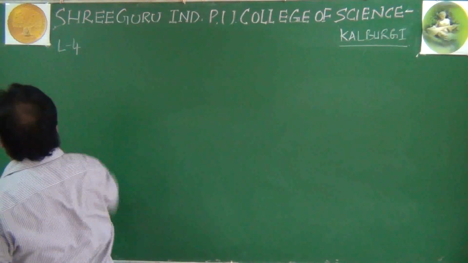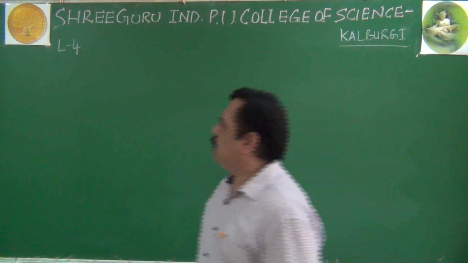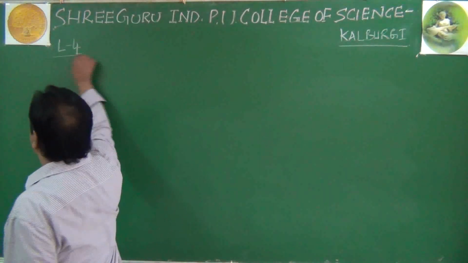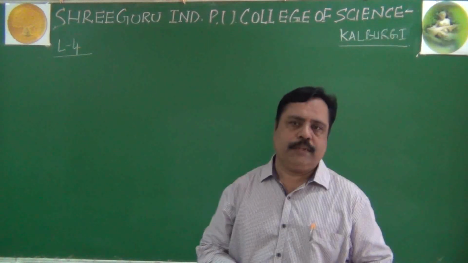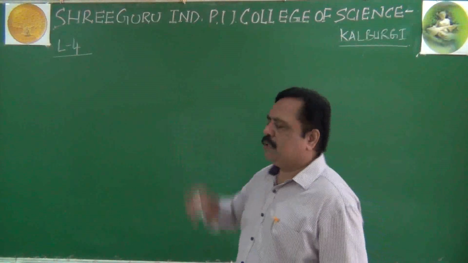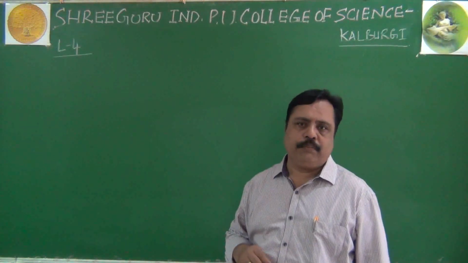So this is the fourth lecture we are going to see here. I started with chapter number 5, the morphology of flowering plants. Morphology of flowering plants means angiosperms, you may be remembering.